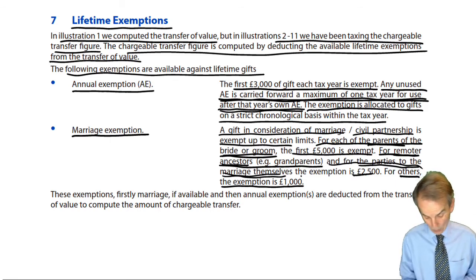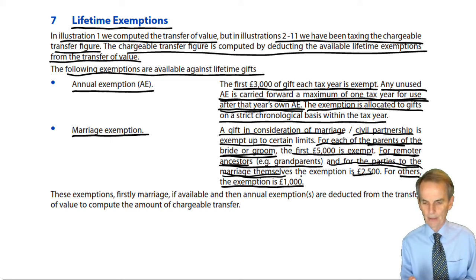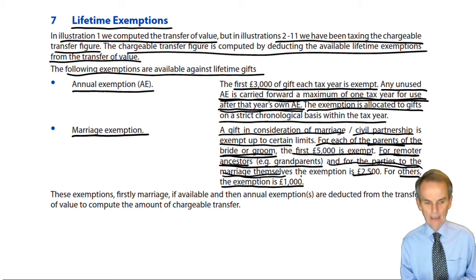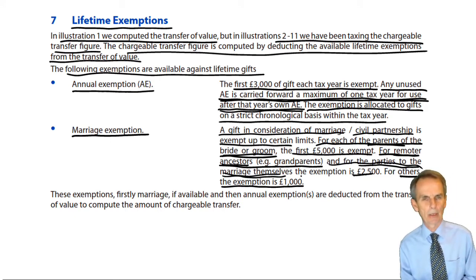Hence, guys, you'll be really pleased to hear this, if you want to spend £2,500 on the engagement ring for your to-be wife, your fiancée as she would now become, there'll be no IHT implications.